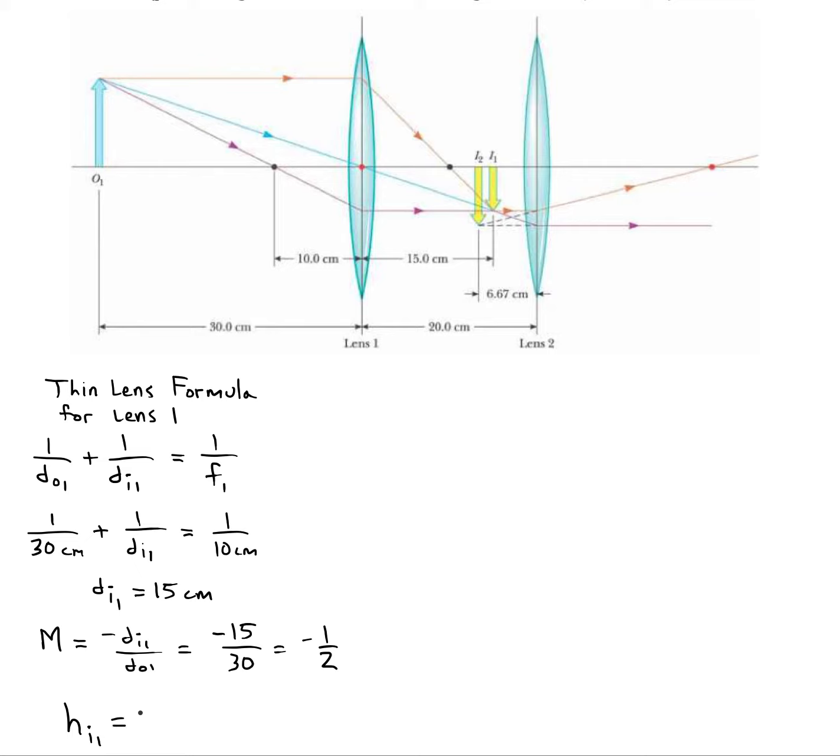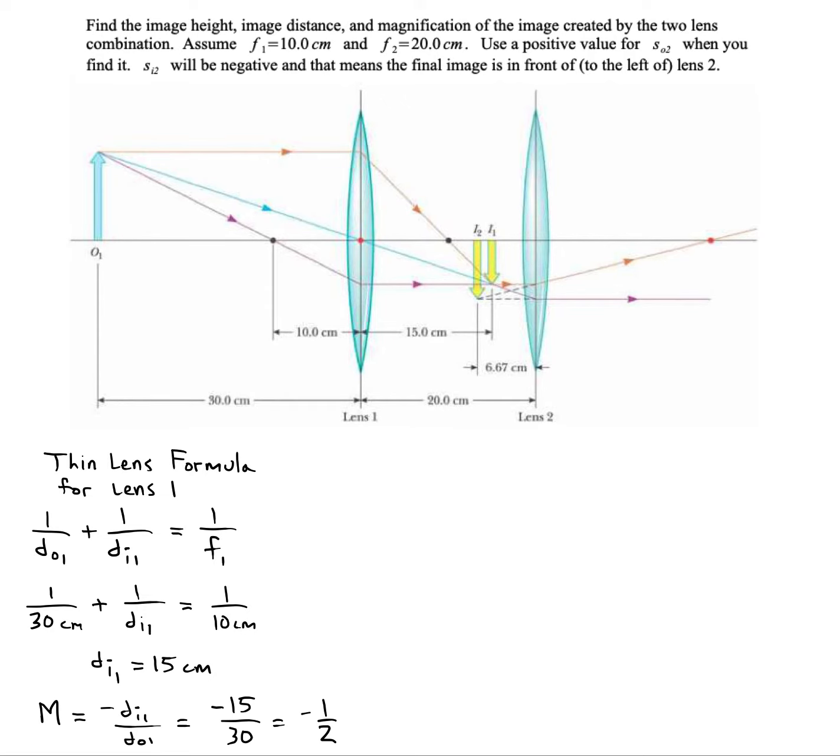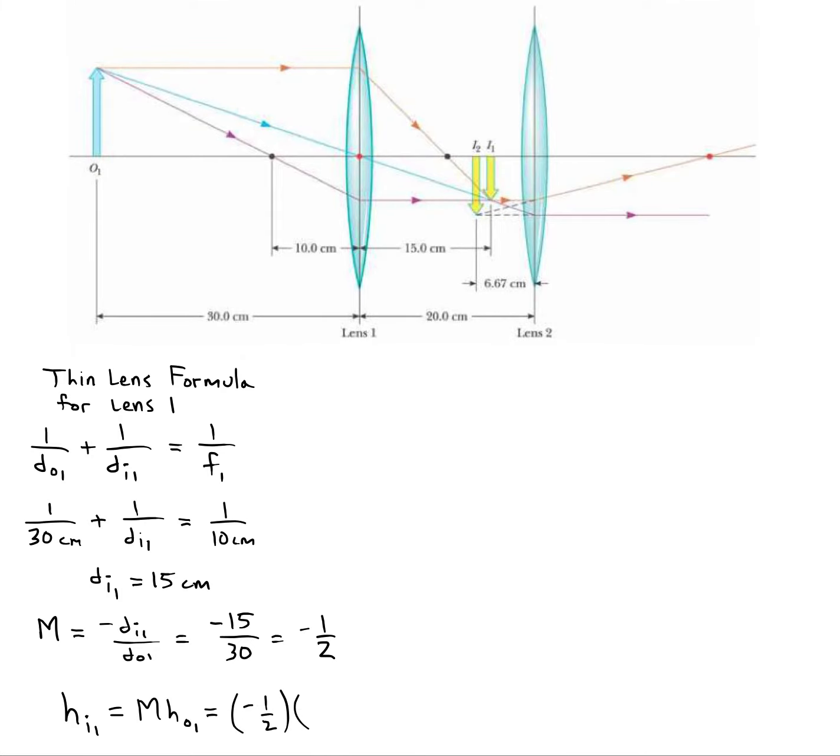The height of image 1 will be the magnification times the height of object 1. Now, they didn't give a height, so it's going to be negative 1/2 times the height of object 1, whatever that may be. That's everything that we need to know for lens 1.